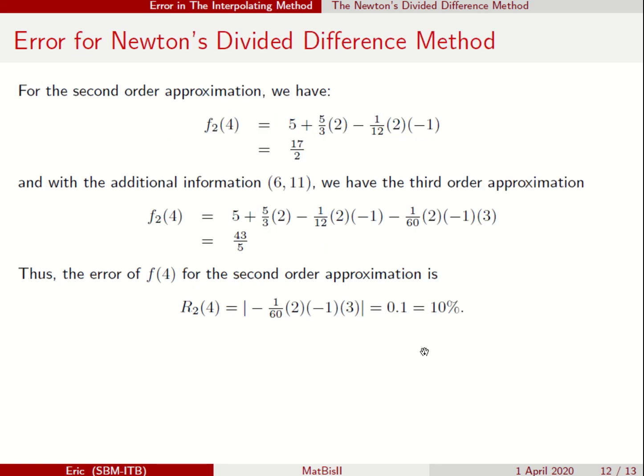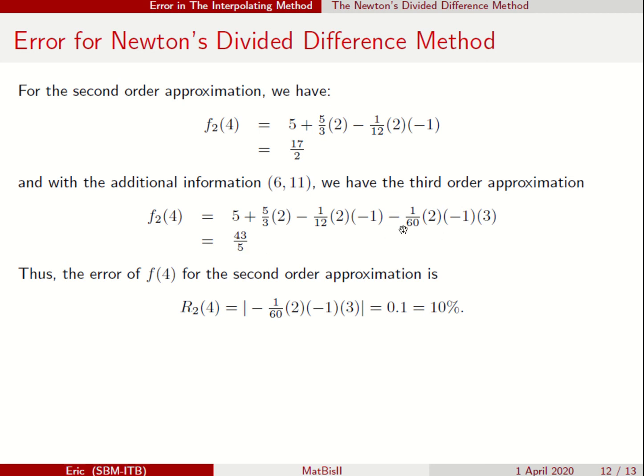And what about the error for the second order Newton's method? So I have to have an additional information, that is 6, 11. So this should be 3, sorry. F3, the third order approximation, is 43 divided by 5.